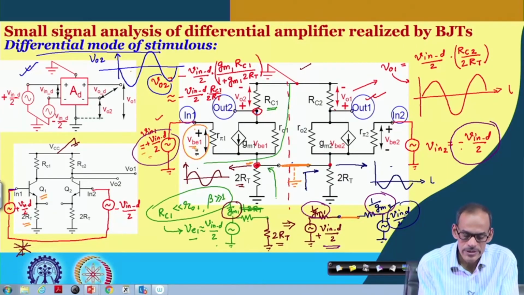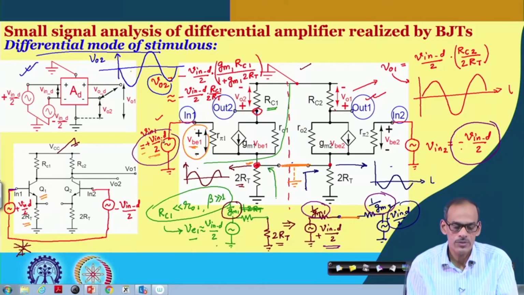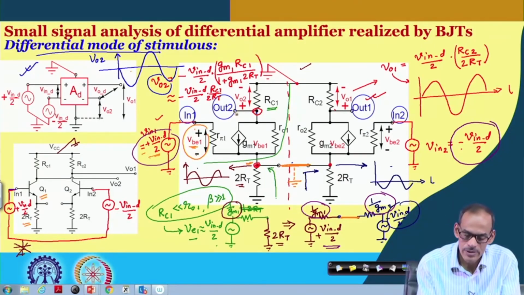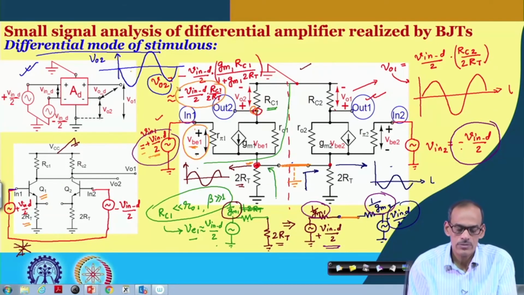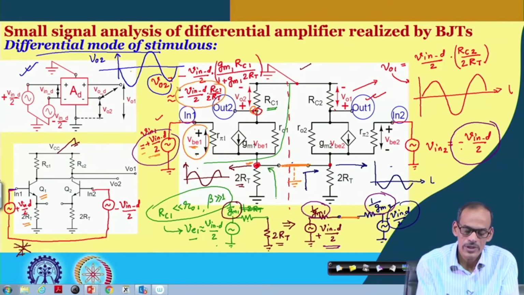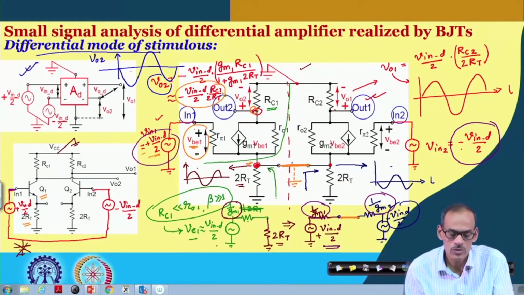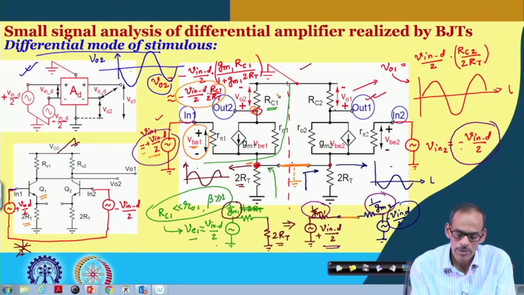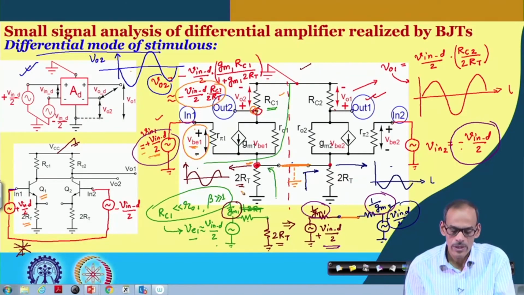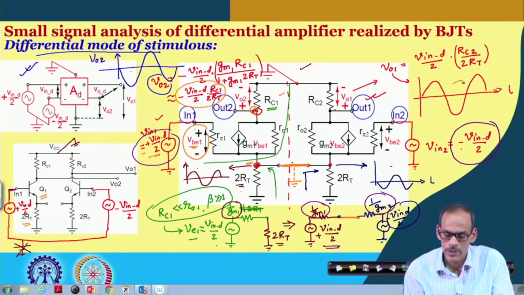Since this VBE is only a small fraction of the applied input voltage, the obtained signal at the collector had amplification, but it was not really big. It depends on the ratio of RC1 and 2RT. The same was the case at the other output.